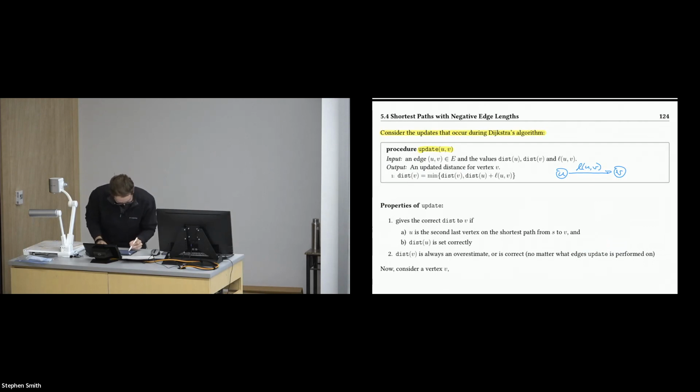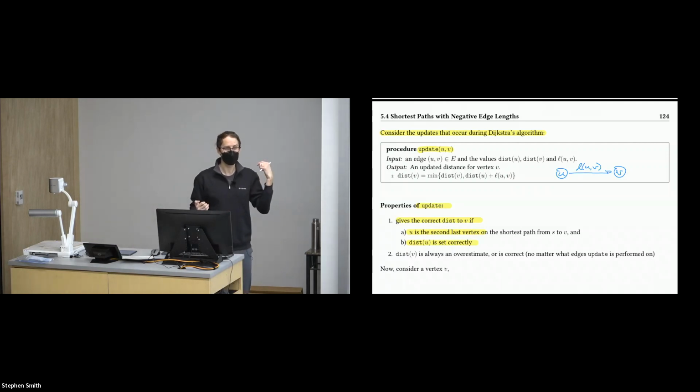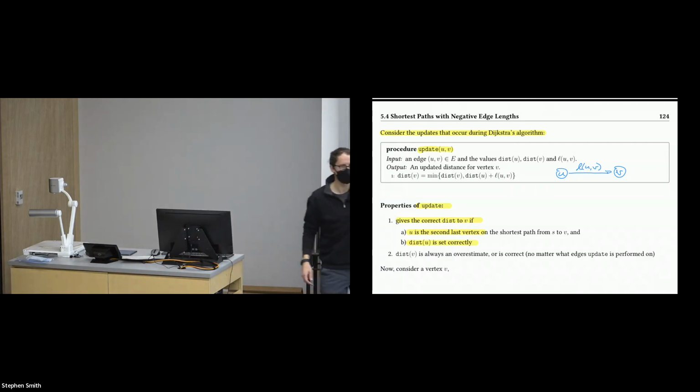So the properties of this update: it gives the correct distance to V if U is the second last vertex on the shortest path to V and its distance is set correctly. If on the true shortest path to V, U comes right before it, and I had dist U correct, then the path length to V is just going to be dist U plus L_UV, and that's what I set it to in this line.